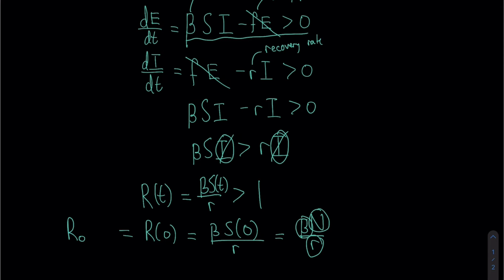People are trying to lower beta because it's the easiest one to lower. This is why governments are imposing social distancing levels everywhere. Anyways, this Rt is what we want to focus on, this big Rt. And R0 is also a fixed value because it's the value of Rt at the beginning.